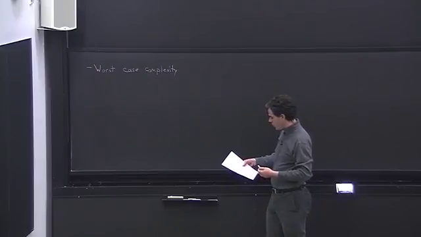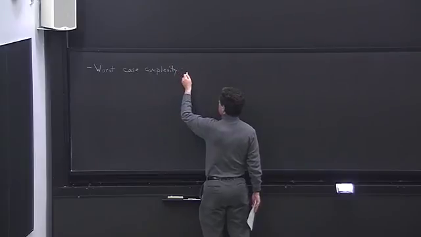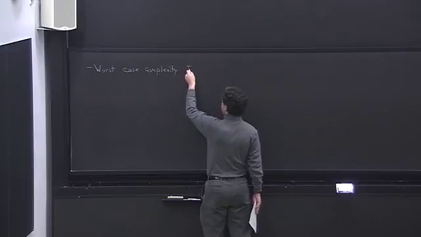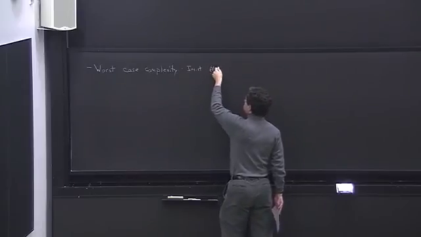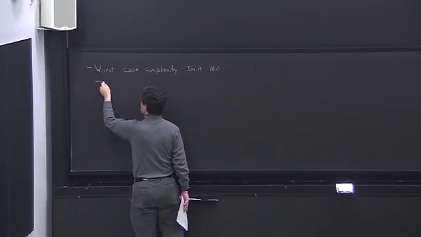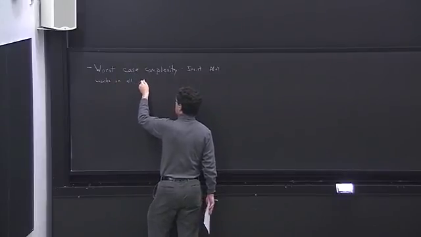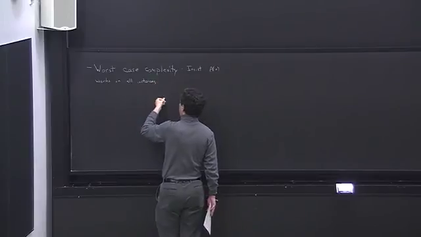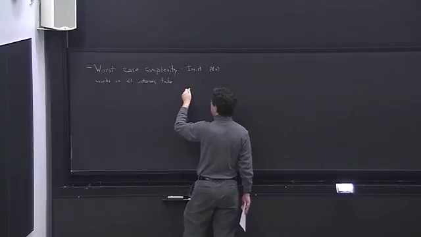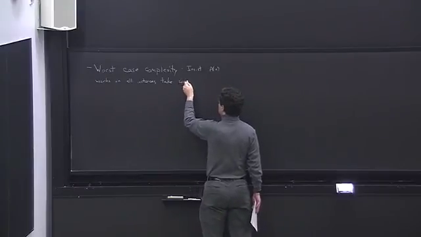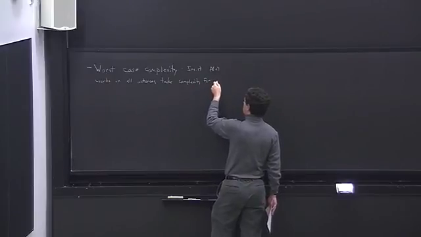So in worst case complexity, first of all, I insist that the algorithm works on all inputs, on all instances. And I'm going to take the time, the complexity, for the worst possible input.